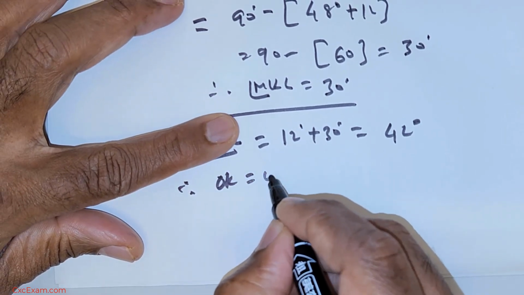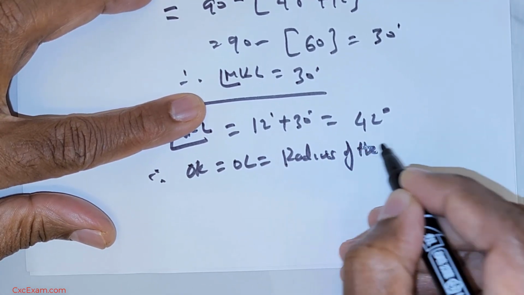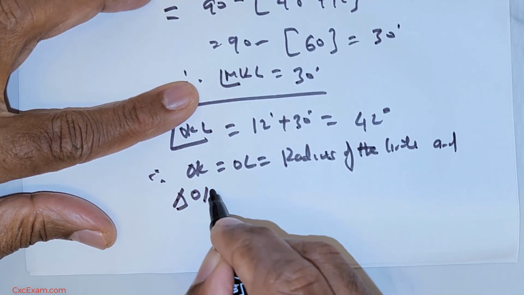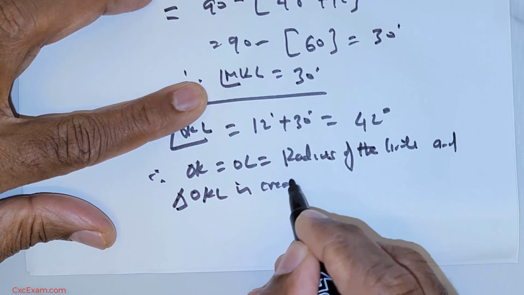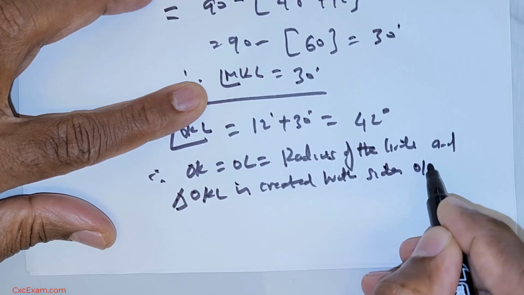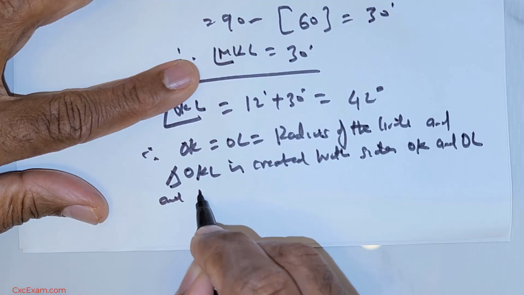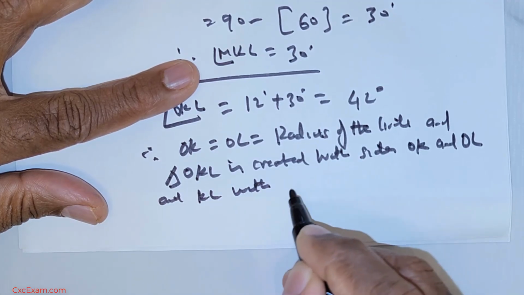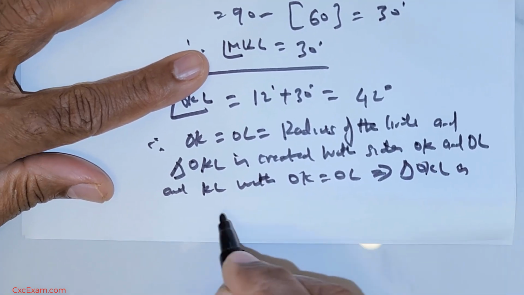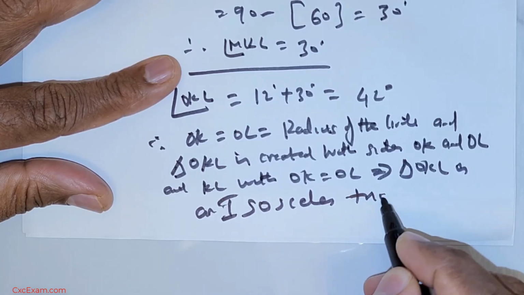Since OK is equal to OL is equal to the radius of the circle, and triangle OKL is created with sides OK, OL and KL, with OK being equal to OL, it implies triangle OKL is isosceles.